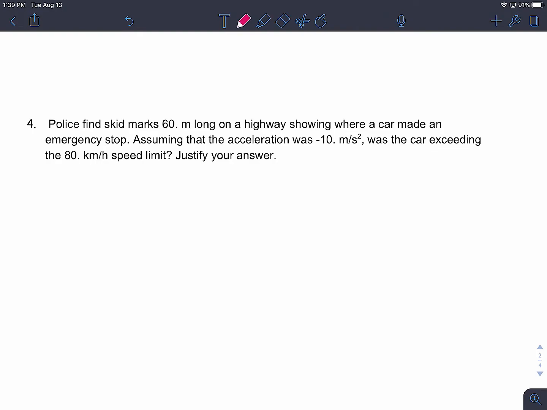Justify your answer. Well, we have here the displacement, the final velocity, and the initial velocity, along with the acceleration. Once again, time isn't mentioned.